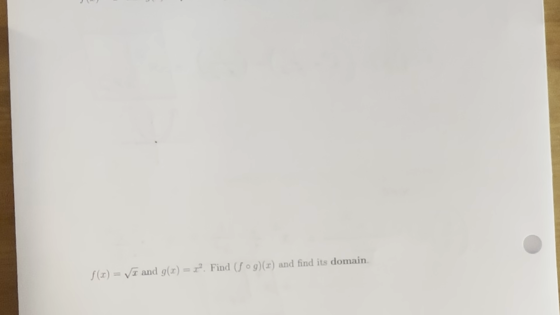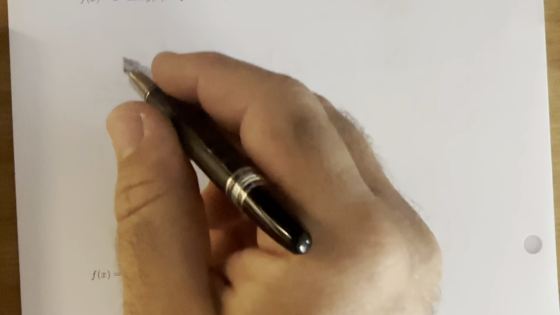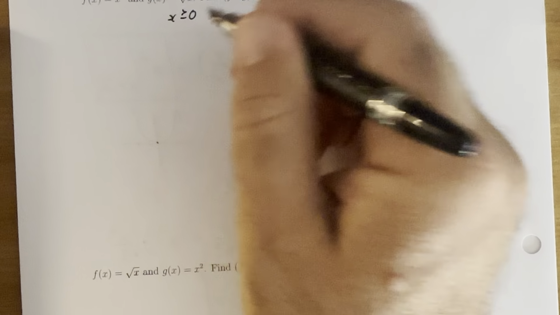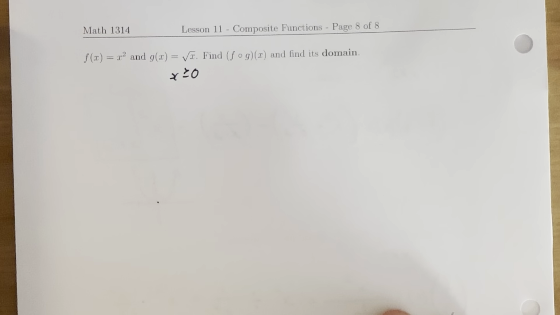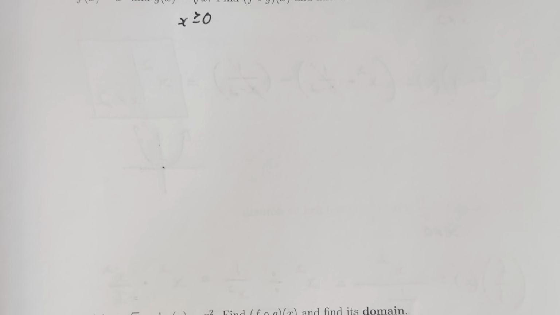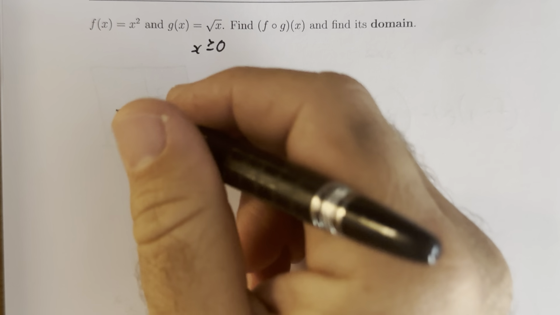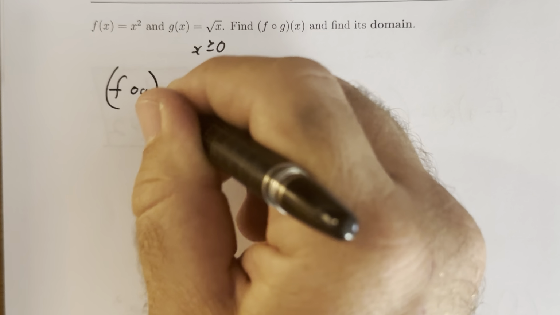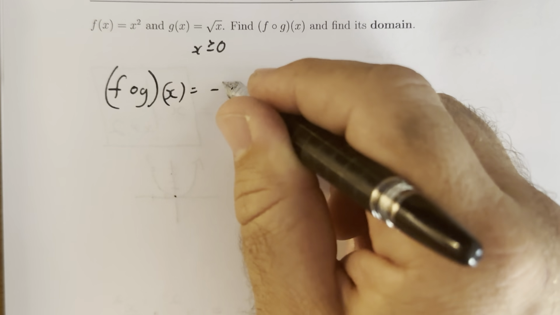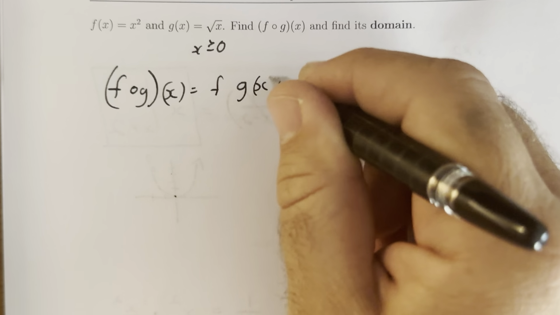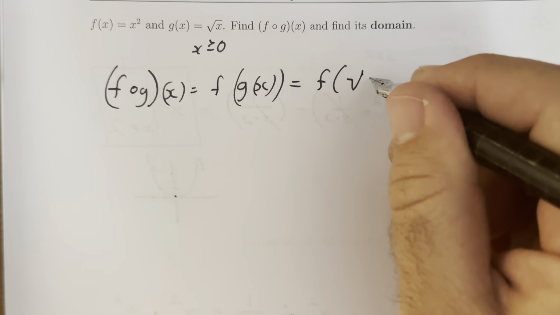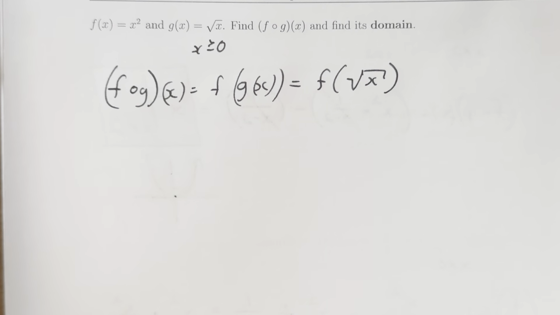And we have x squared and the square root of x. Note here, x must be equal to or greater than 0. And so f composite g of x is again the same as f of g of x. And g of x, well, that's the square root of x, like so.